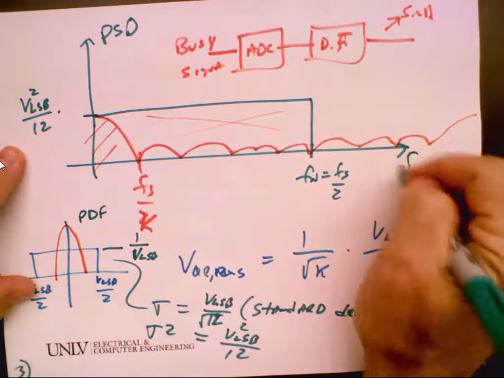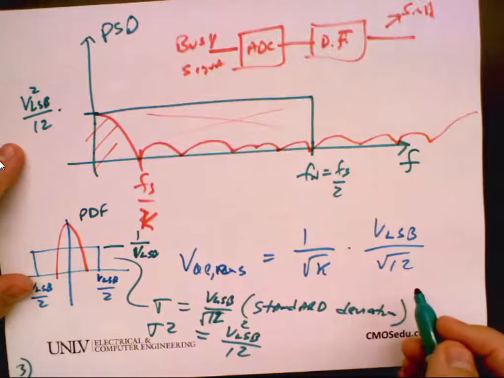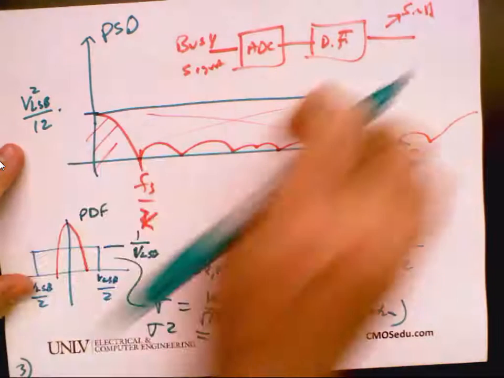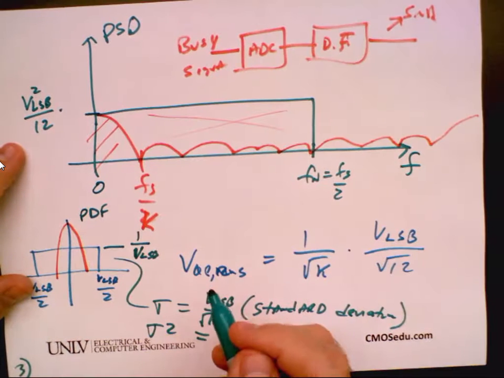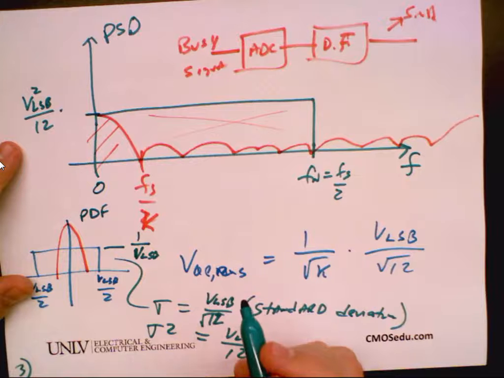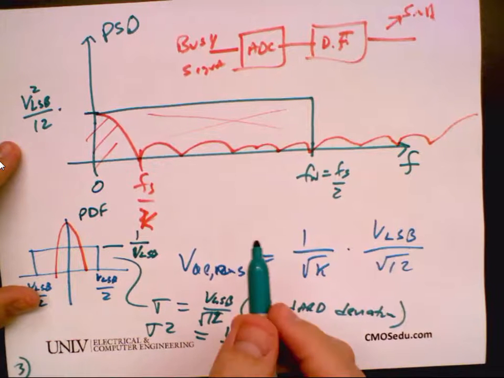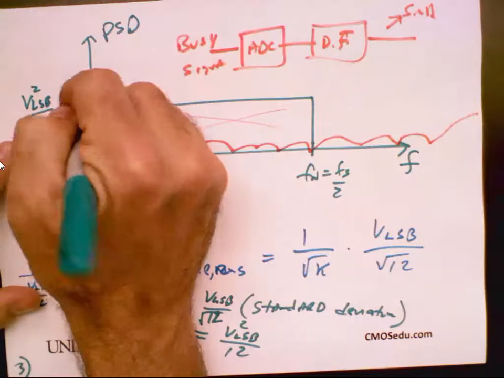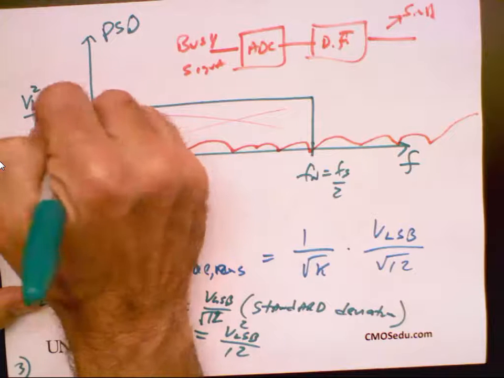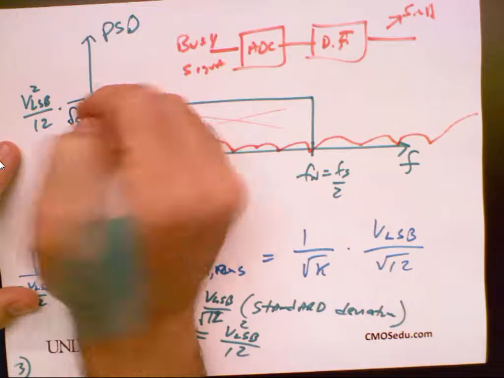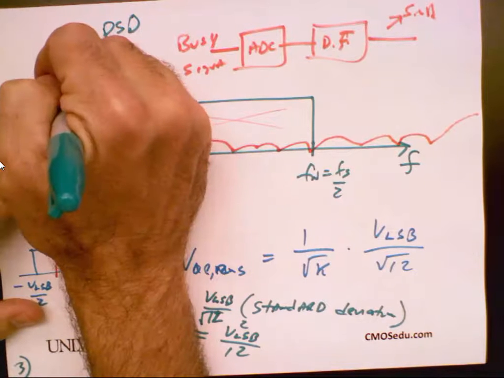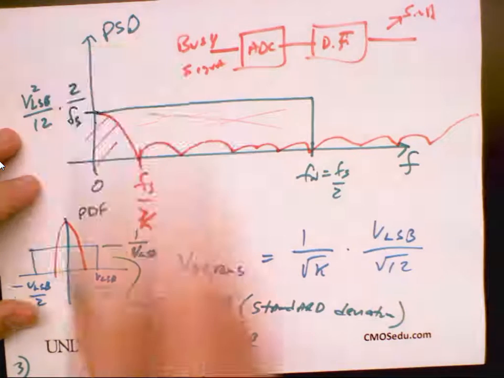This is F. If I integrate from 0 to Fs over 2, what does it sum to? Yeah, it's Fs. If I put the 2 here, or if I'm using a one-sided spectrum, I could use 1.